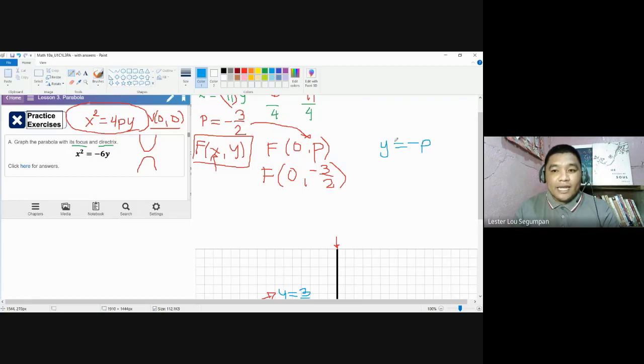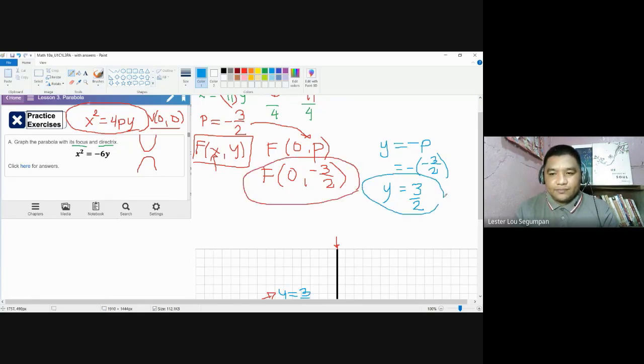Our p earlier is negative, so we have negative of negative 3 halves. The double negative property tells us that the equation of the directrix is y equal to positive 3 halves. So this is our focus and this is our directrix.